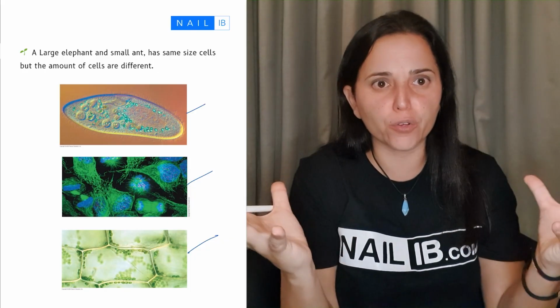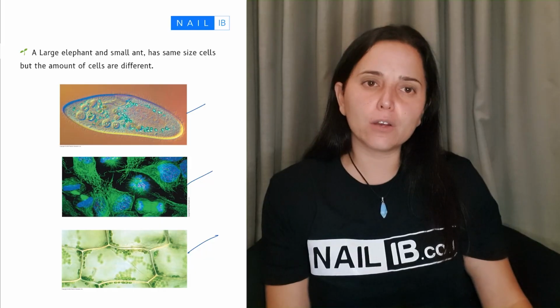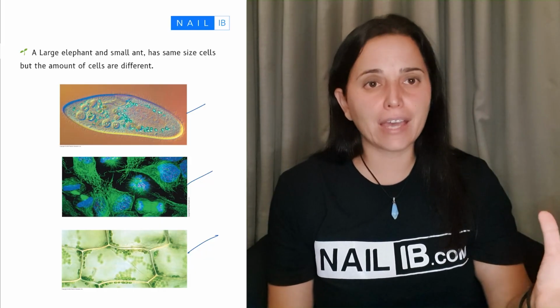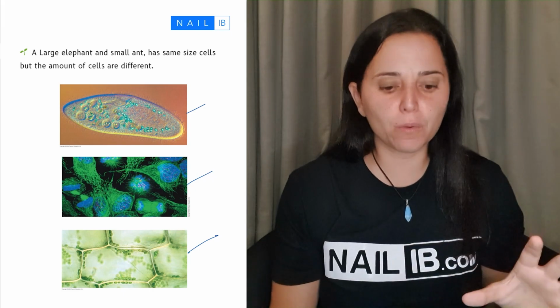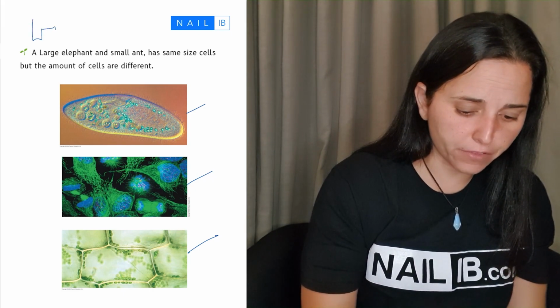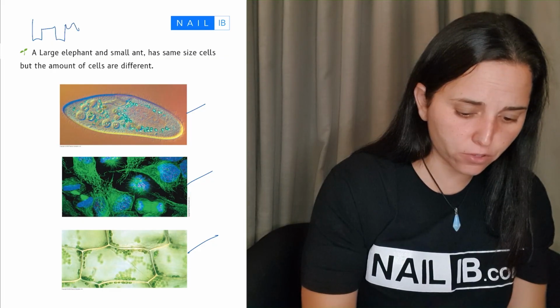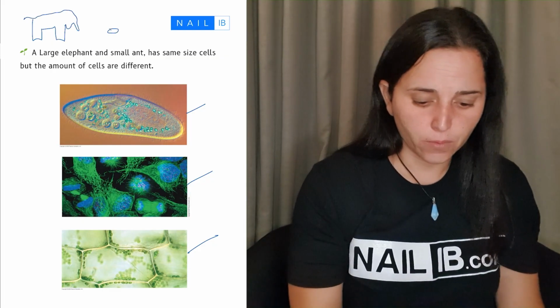They're not all circles. Also, we have to understand that not everybody should think that big animals have big cells and small, tiny animals have tiny cells. That's not how it works. For example, if you have an elephant, obviously, do not make fun of my drawing. This is the elephant right here. And you have the little ant, whatever it is.